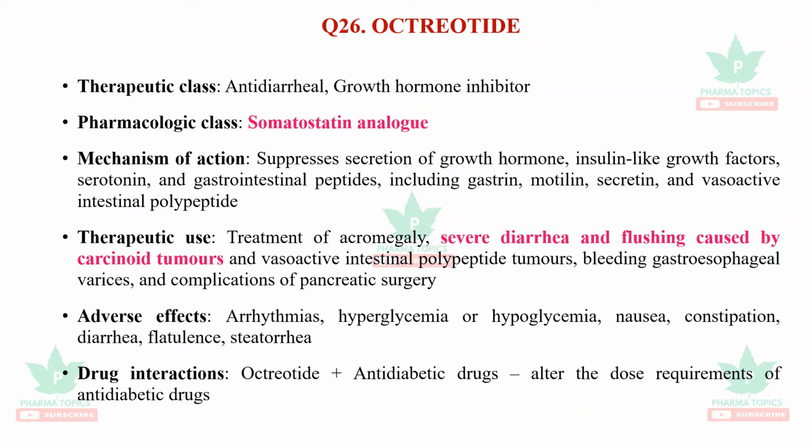It's used in treatment of acromegaly, severe diarrhea and flushing caused by some cancers, VIP tumors, bleeding gastroesophageal varices, and complications of pancreatic surgery. The adverse effects include arrhythmias, hyperglycemia or hypoglycemia, diarrhea, flatulence, and steatorrhea. Regarding drug interactions, it should not be combined with anti-diabetic drugs, as this may alter the dose requirements of anti-diabetic drugs.